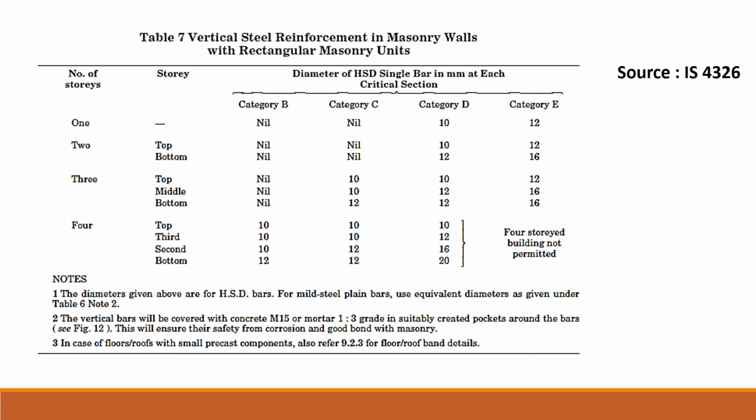The vertical bars are to be provided in concrete of M20 grade, and we have to also see that these high strength deformable bars that are provided in the jambs, as well as in the lintel and the sill of the openings for seismic strengthening, can be provided throughout the horizontal sill level as well as the vertical jamb level, and this is the minimum that has to be provided.